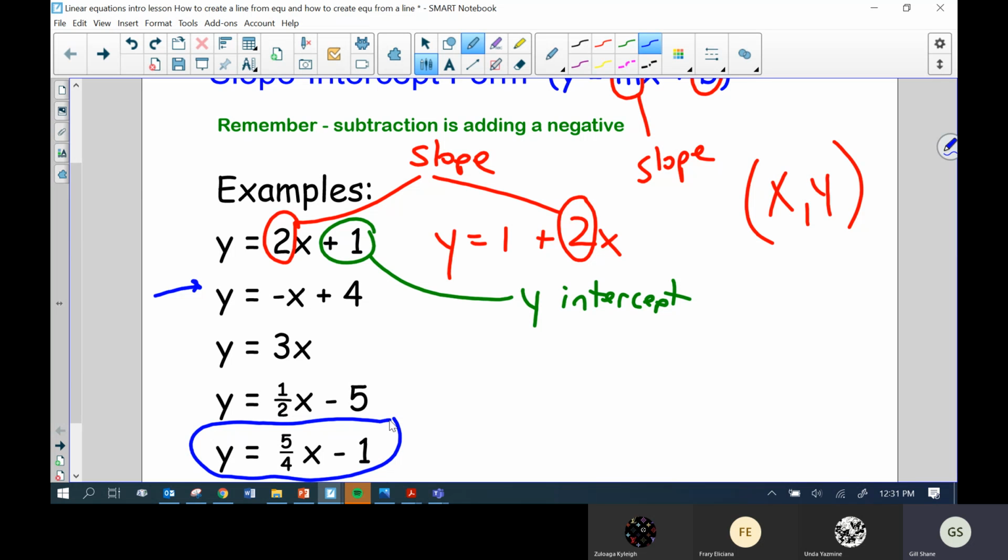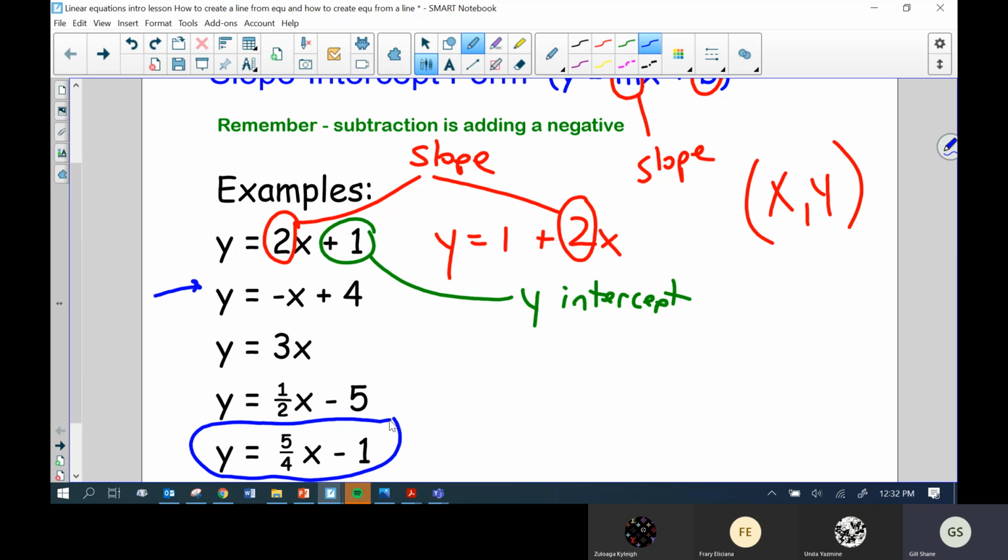There you go. -1. Remember, if there is not a number in front of the variable, there is a number there. It's a 1. Because if you have 1x in your hand, you don't really write a 1 in front of that. You just know that you have 1 of them. This, however, is technically 3x's.